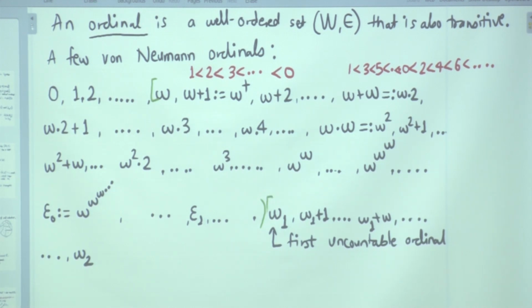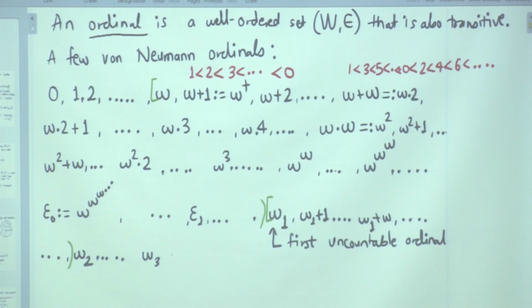Then everything in this interval is in bijection with omega 1. Then we will have omega 2, and after omega 2 you can guess what it will be.